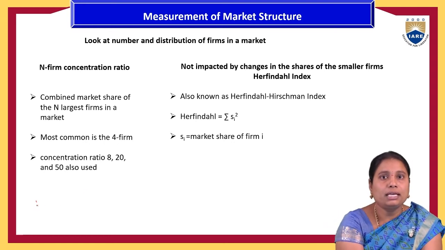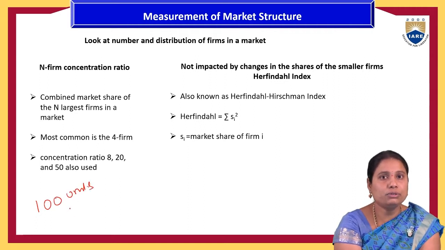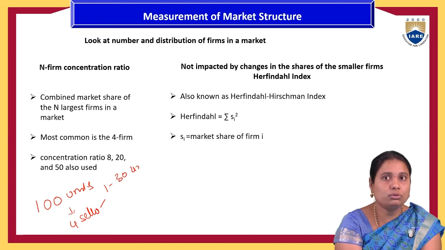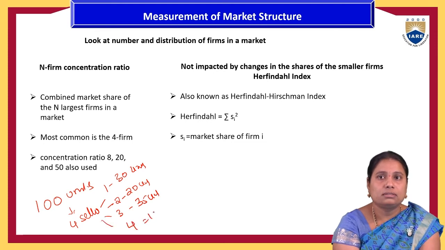For example, in a market 100 units are being sold by 4 sellers, out of which the first seller is selling 30 units, the second seller is selling 20 units, the third seller is selling 35 units, and the fourth seller is selling 15 units.